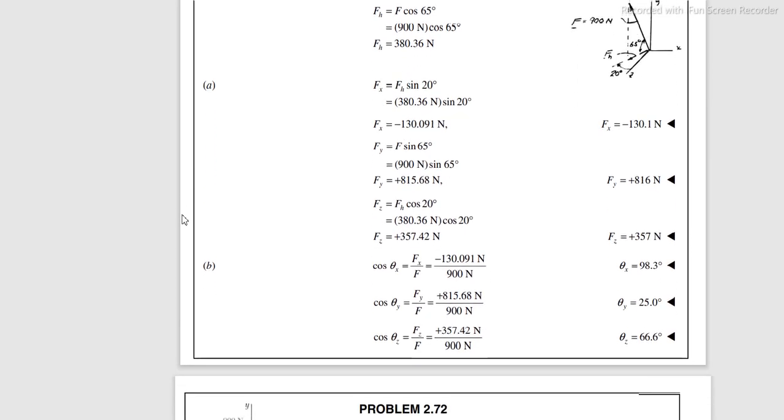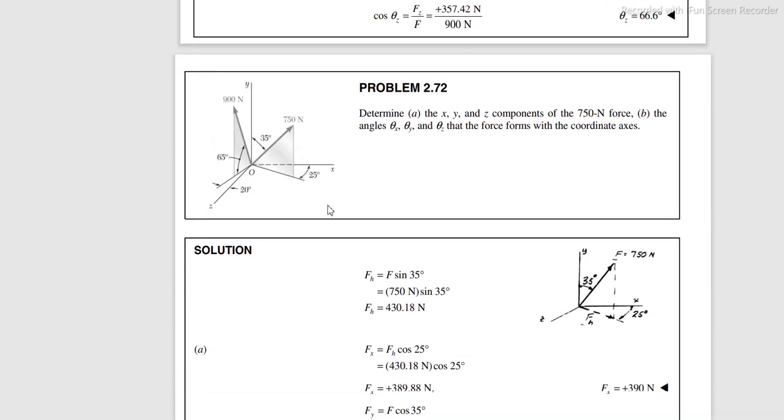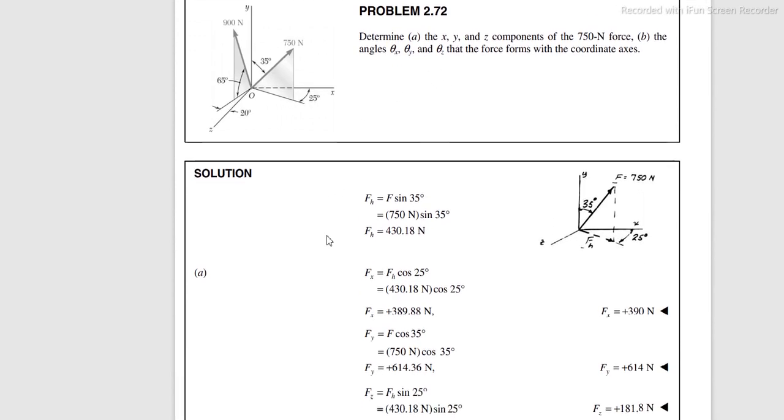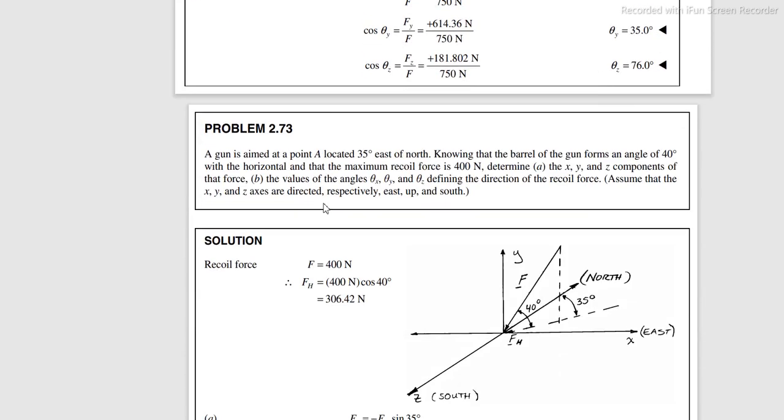It is the question, and the solution is the free body diagram, and all the components are solved. Problem 2.72, similar question. It is solved in a similar way to the previous question.